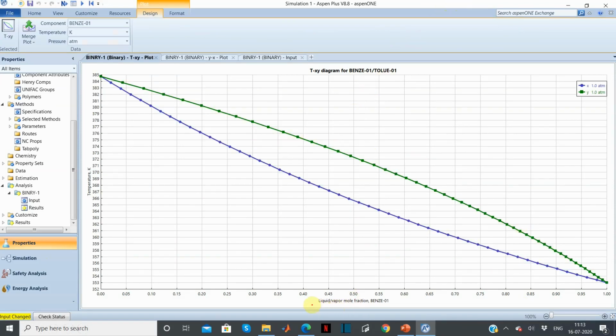As you can see, the x-axis is liquid or vapor mole fraction of benzene, the y-axis is temperature, and the lower curve is the saturated liquid line. The upper curve is saturated vapor. The lower curve gives mole fraction of benzene in liquid phase and the upper curve gives mole fraction of benzene in vapor phase.